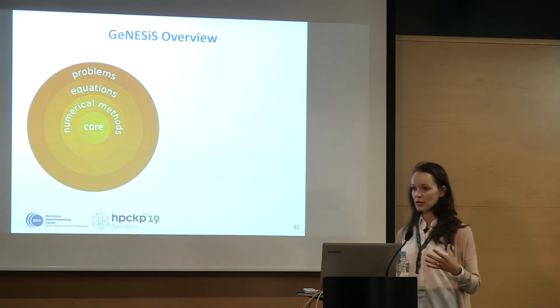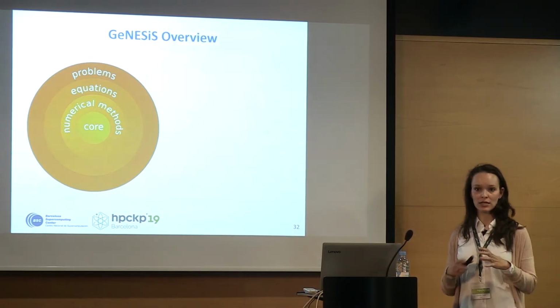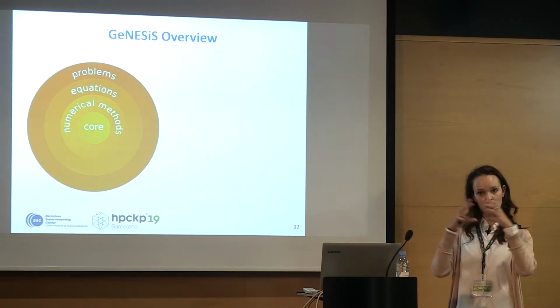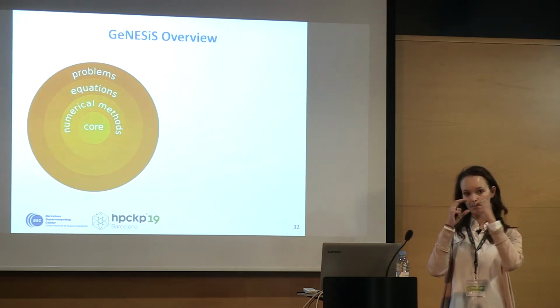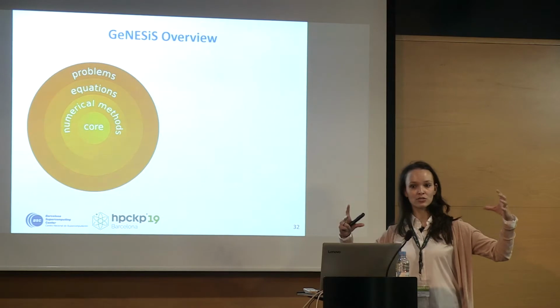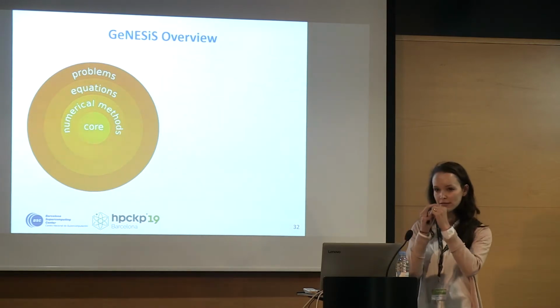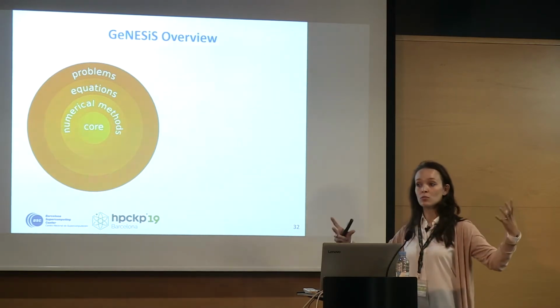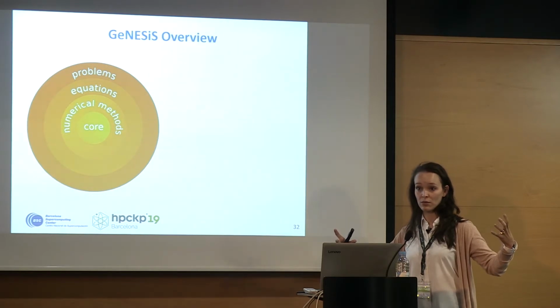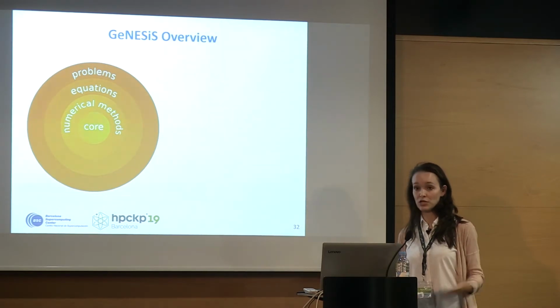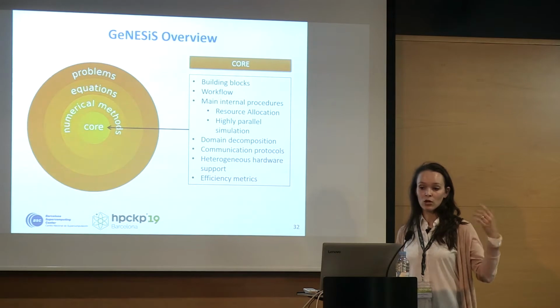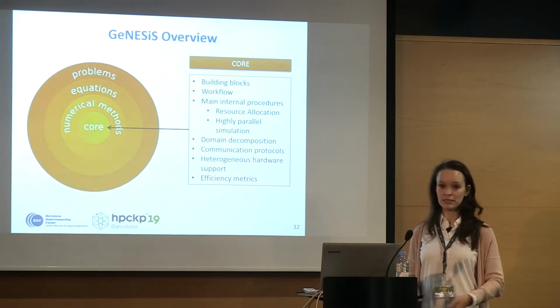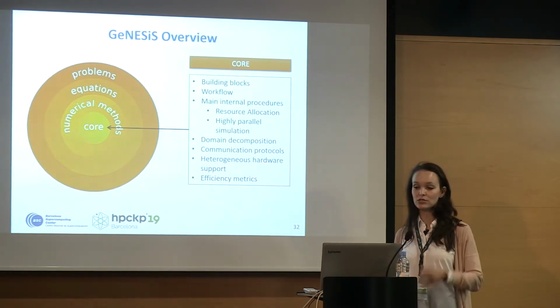The concept behind GeNESiS is like an onion, where you have more layers, and from the center to the outer layers, you're going from very, very detailed, very specific, to the more broad view of how it behaves in the HPC platform. So the core has basic building blocks of the numerical simulation.